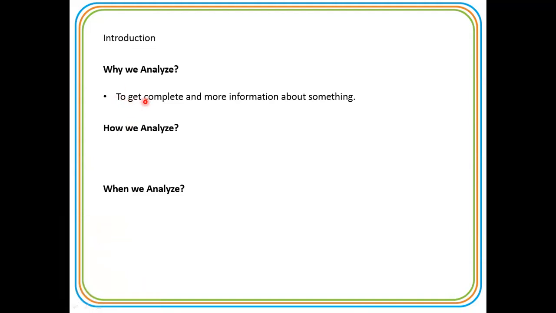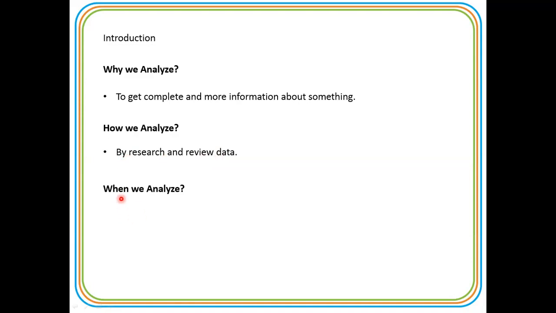To get complete and more information about something. This is the main reason that we use analysis in everything. The second question is how we analyze. Very important, the way that we can analyze is by research and review of data. This is the main answer.